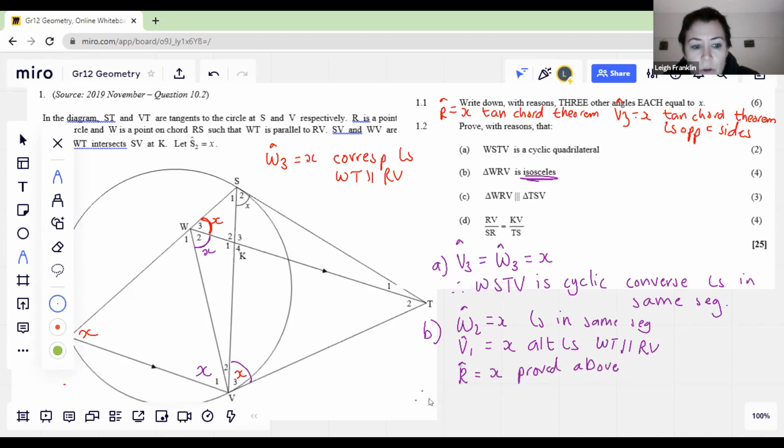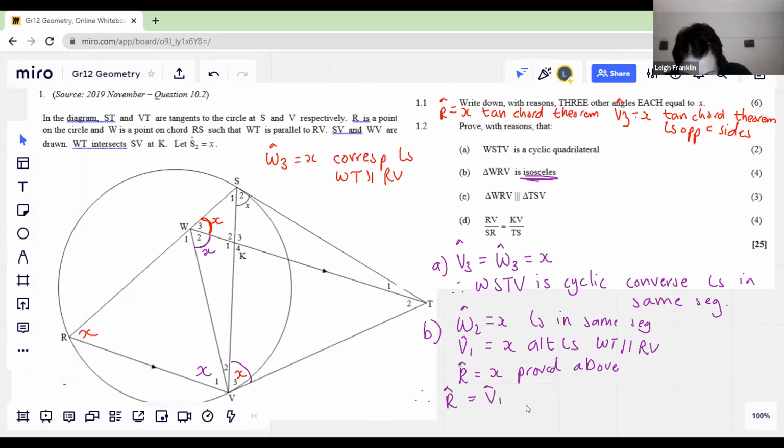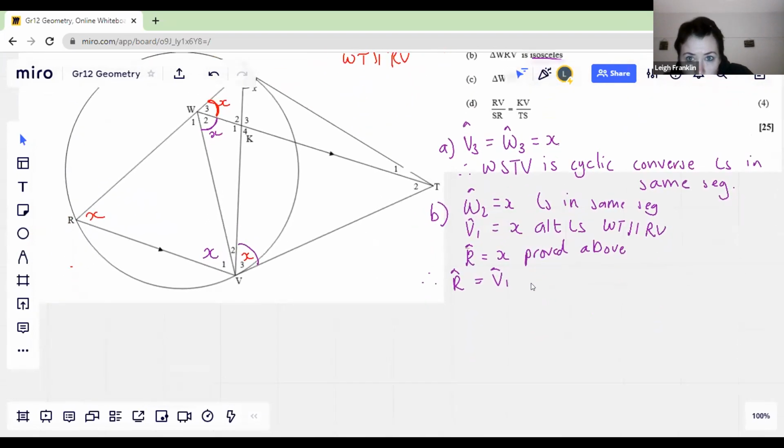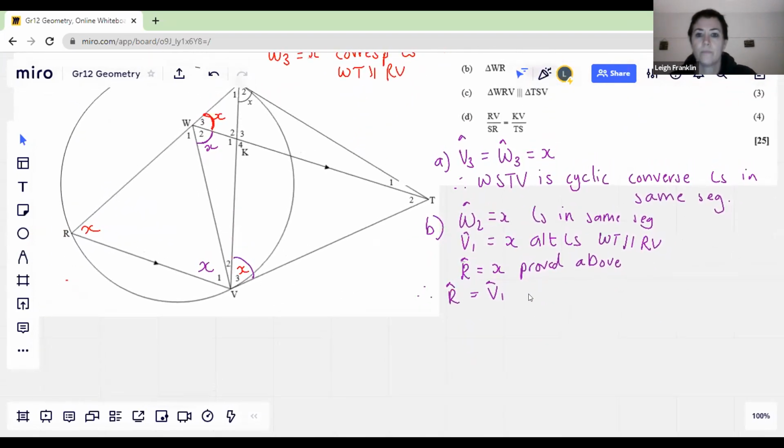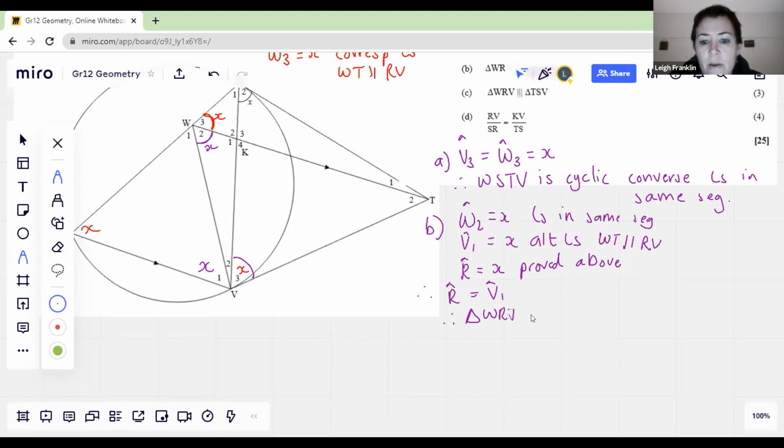So now we're going to conclude that angle R equals angle V1. Therefore, triangle WRV is isosceles.